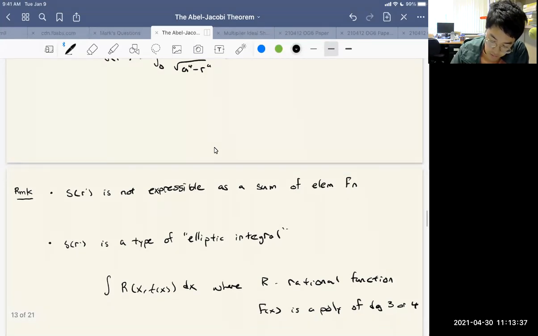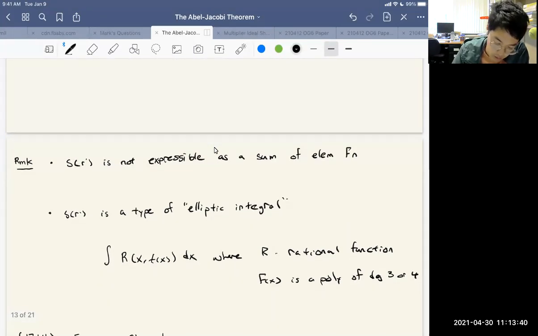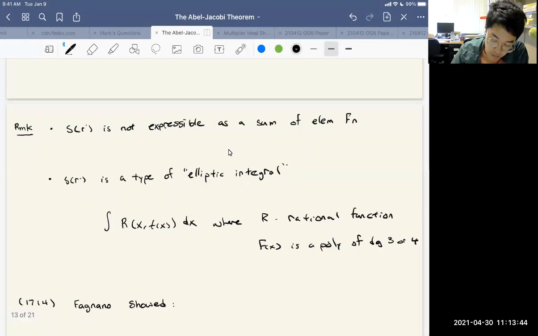These types of integrals came up in the study of elliptic orbits, and that's why they get this name, elliptic integral.